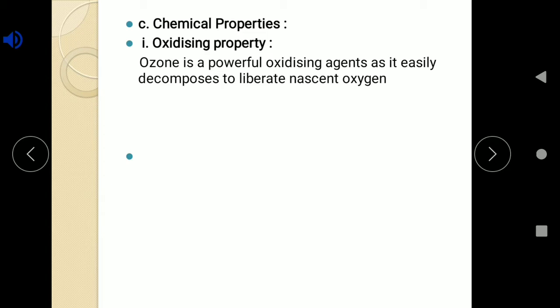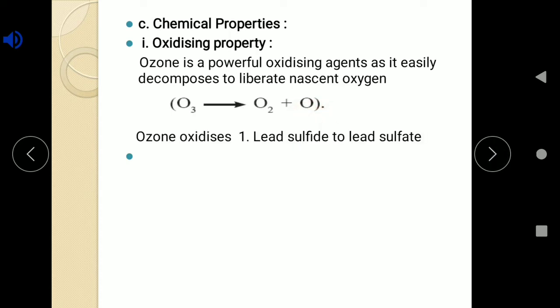It brings about oxidation because it easily decomposes to liberate nascent oxygen, and this nascent oxygen brings about oxidation. Hence, ozone is a powerful oxidizing agent. It oxidizes various compounds. We'll see one by one.